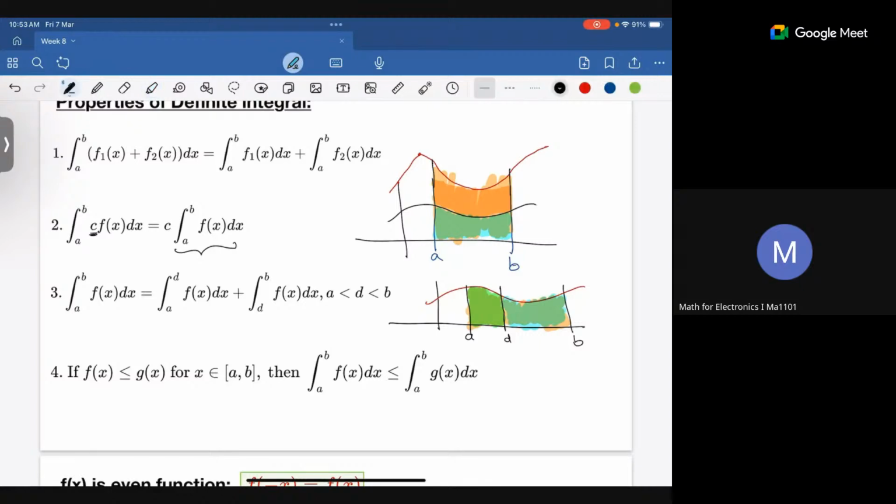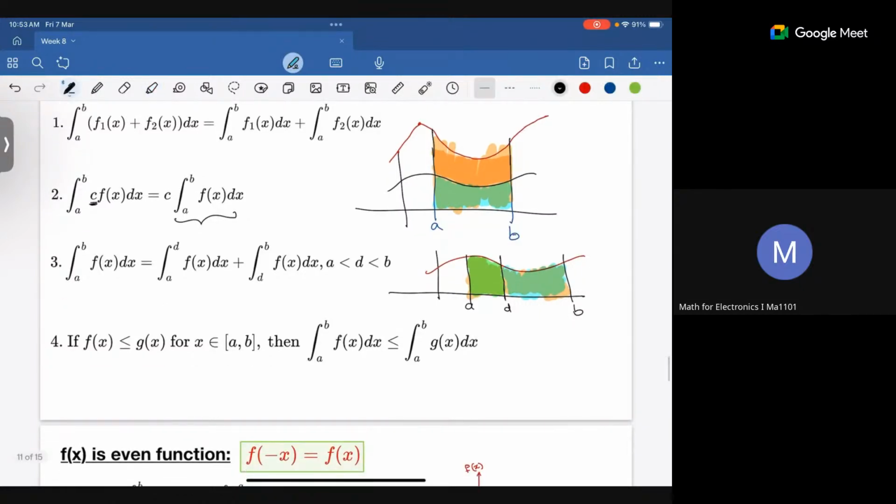Again, property 4 is like you have two functions where one function is always lesser than the other in the interval AB. The definite integral value will also be lesser than or equal to. Again, this also makes trivial sense, right? From the graph itself, you have f of x like this, and you have some g of x like this, where g of x is always greater than f of x in this interval AB.